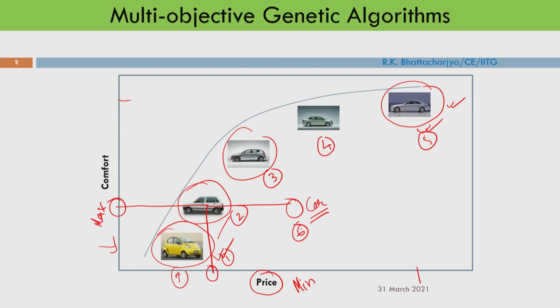Why? Because in terms of objective 2, that means comfort, solution 2 and solution 6 are equal. But in terms of price or cost, solution 2 is much better than solution 6. Therefore, solution 6 is dominated by solution 2. So, I have a better solution in this case.